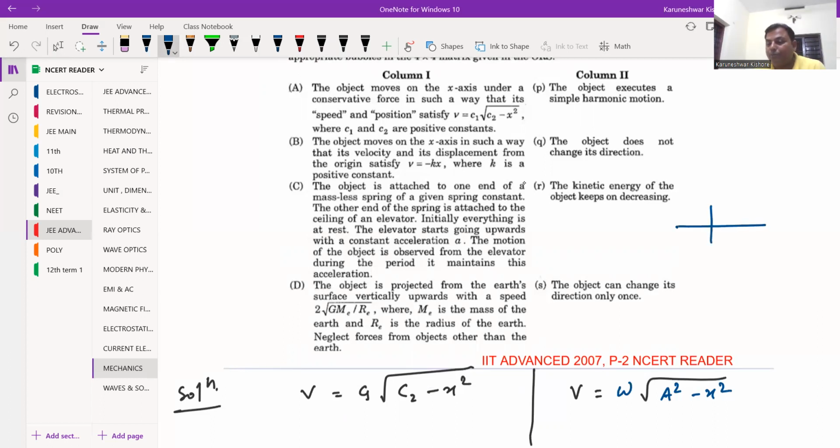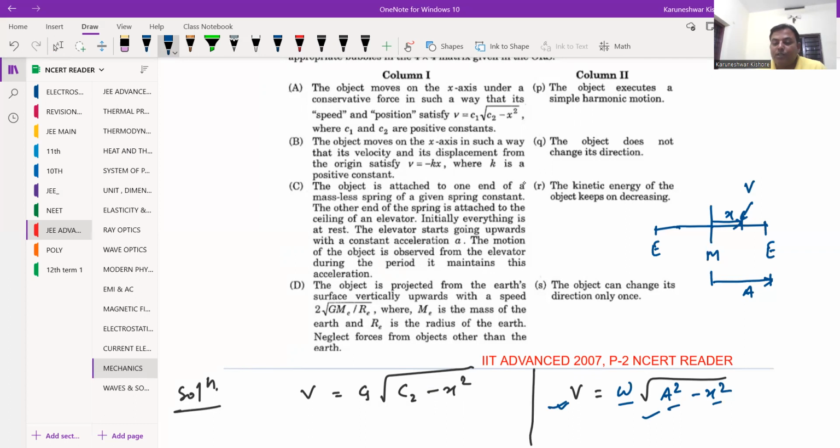So if SHM is happening, let's suppose this is the mean position, this is the extreme position, and here also we have an extreme position. The distance from the mean position to the extreme position is called the amplitude. Let's suppose I consider any position between them. Then the speed here can be written in terms of omega, amplitude, and the position. This relation we know.